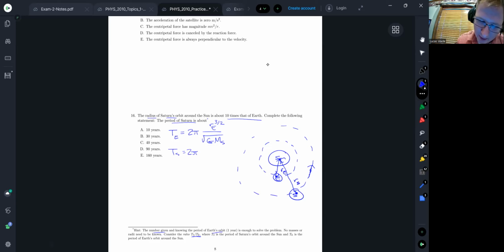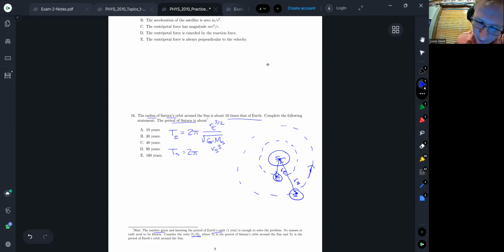So now we've got the period of Saturn's orbit should be 2 pi times the distance of Saturn from the sun, the distance between their centers. And so that has already accounted for that center to center distance. So that's why we don't need to add something else to that radius.